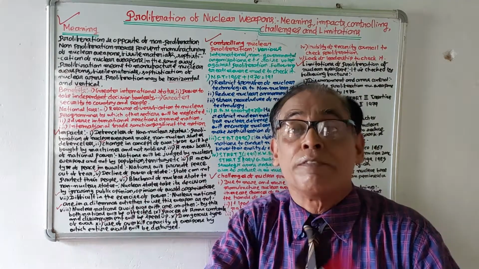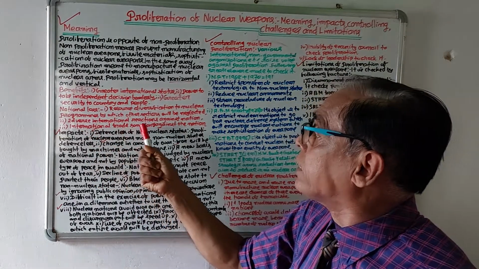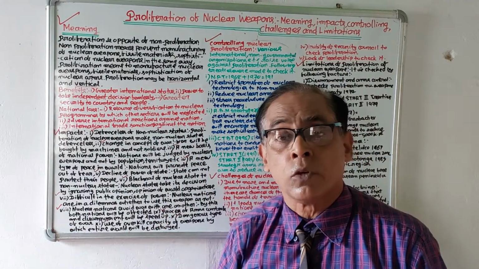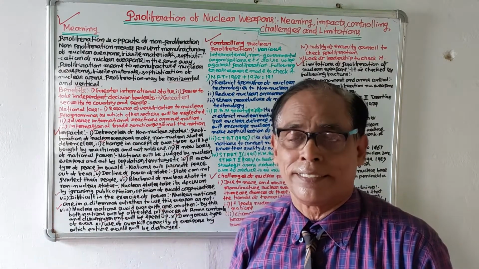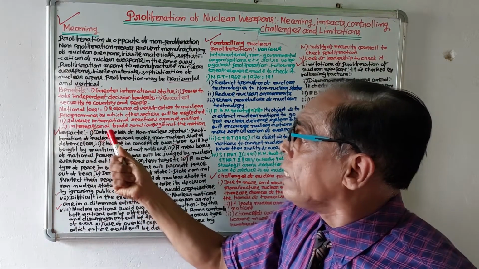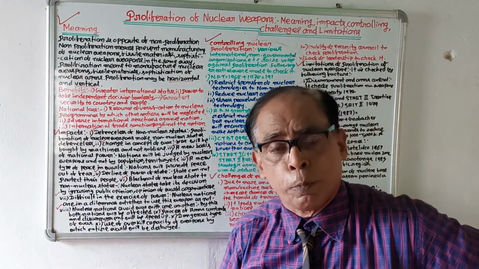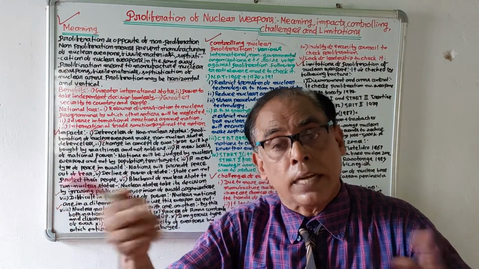Number 2, adverse international reactions against the nation. If a nation manufactures nuclear weapons, other nations will criticize it. Number 3, international trade sanctions against the nation. If a nation manufactures atomic weapons, there will be international sanctions against that nation.